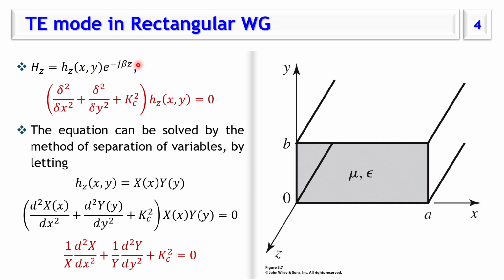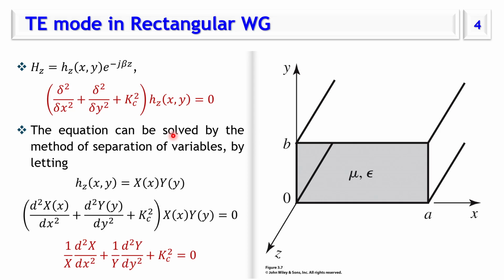We can express it the same way that we did in the previous lecture: Hz, which depends on x and y, propagating in the positive z direction. To find the fields for the TE mode, we need to solve the homogeneous wave equation for Hz. This equation can be solved by separation of variables.